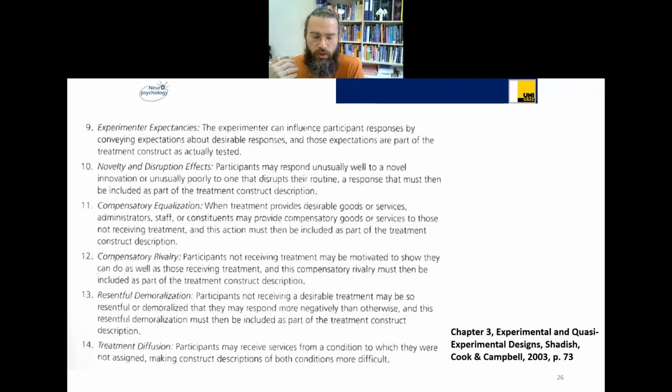Otherwise, when you give your treatment to other people who are not so personally attached to its quality, they can be more neutral, and the estimate of the real effect of the treatment will then be more precise, because the effect of your own expectancy, your own enthusiasm, will not be there anymore.